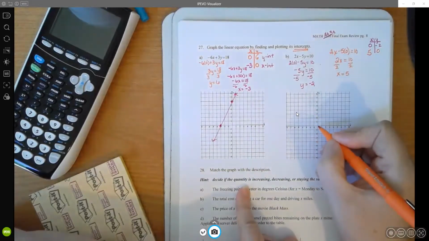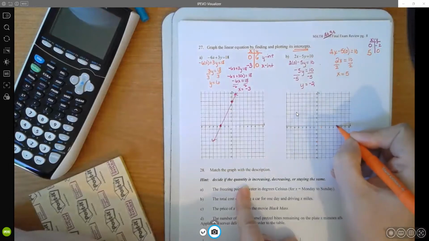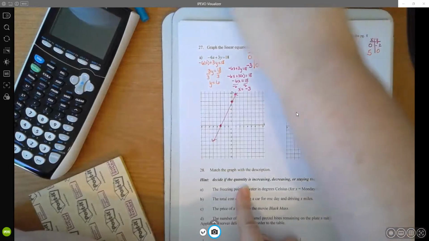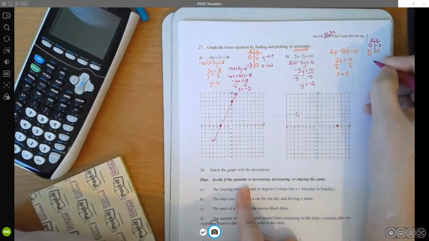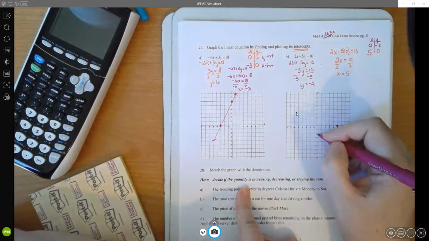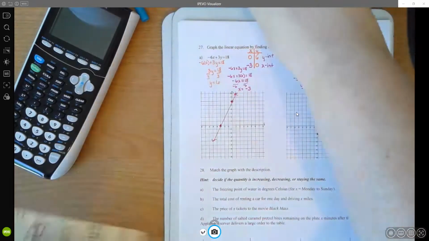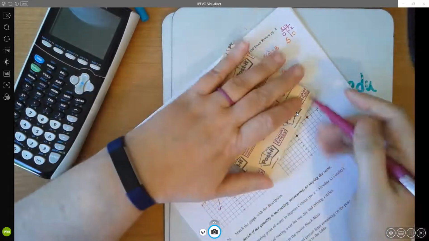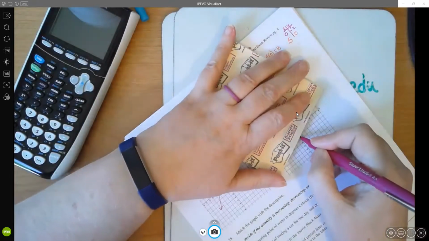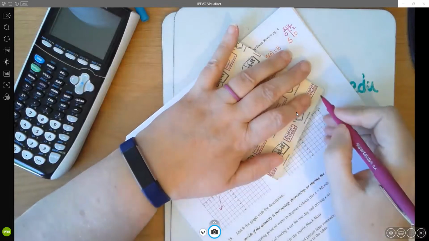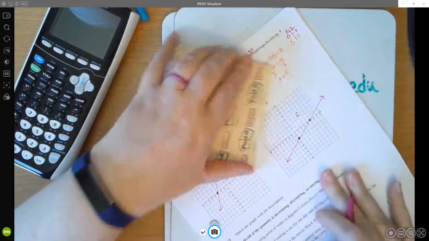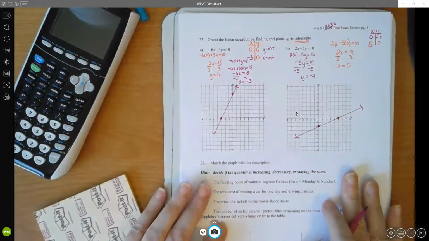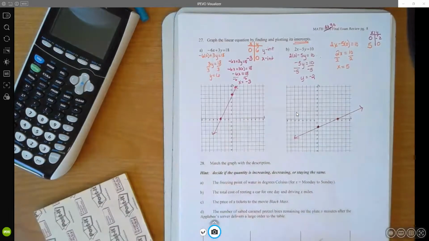So I have 5, 0 as one intercept, which would be the x-intercept, and 0, negative 2. And again, take a straight edge and connect those 2 points. And there is the line for the B part of number 27.